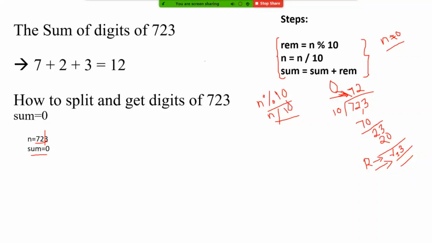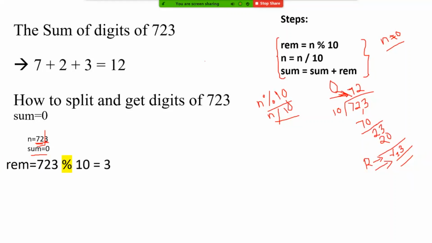If you find the division, you will be able to get the remaining digits of the number 723. If you find a division of the number n, that is 723, you will be getting the remaining 2 digits. We will see how it is.